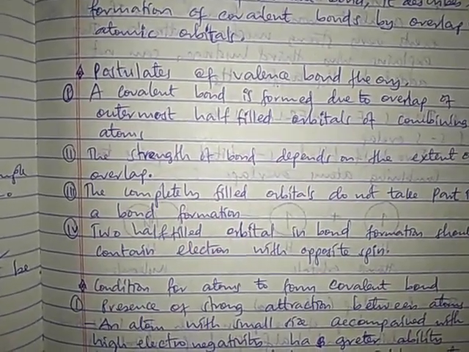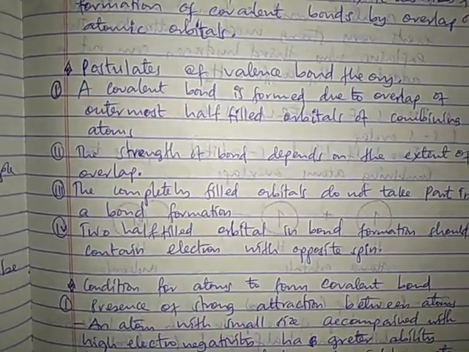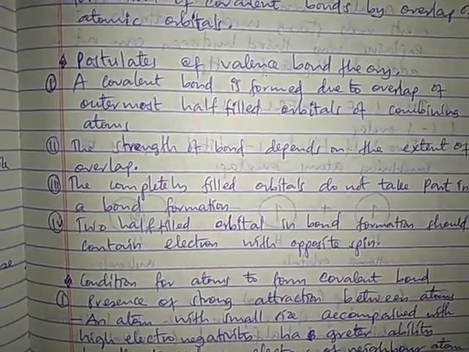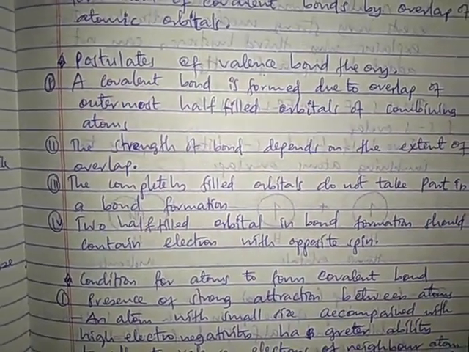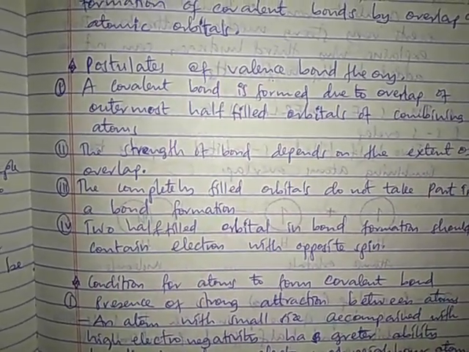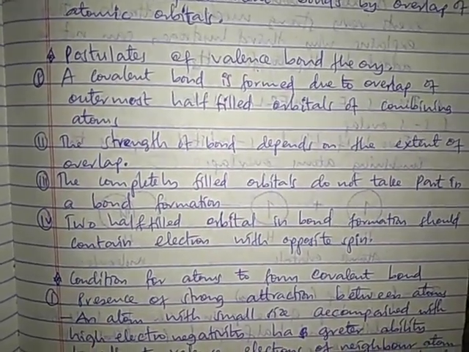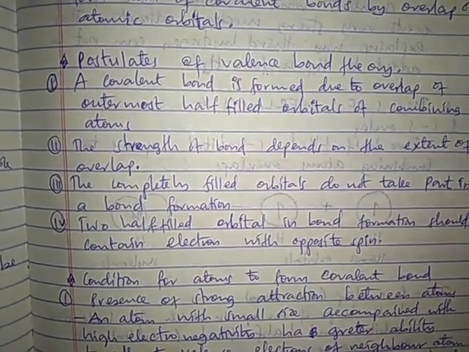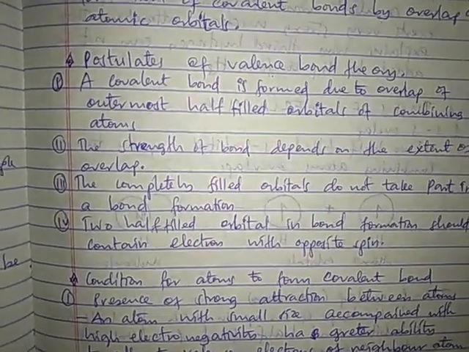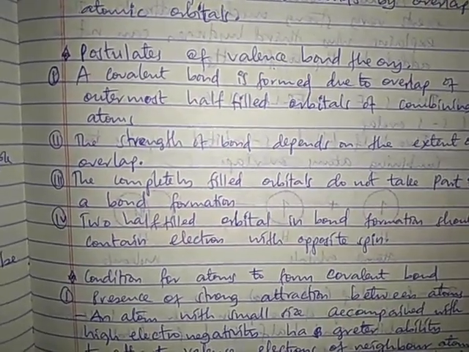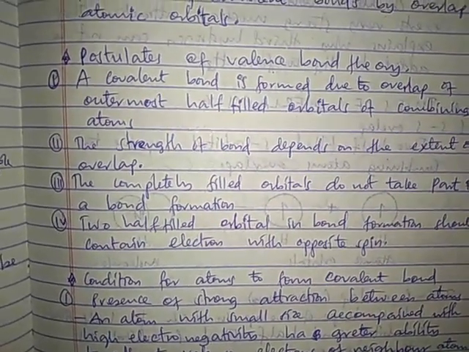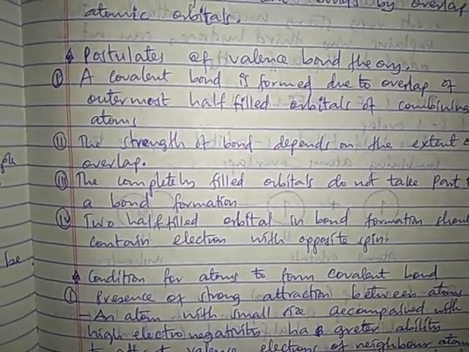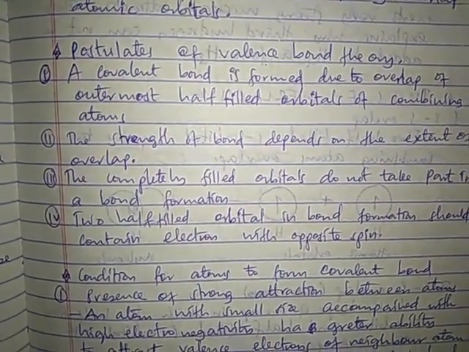If you remember our atomic structure and electronic configuration and orbitals, we say the outermost orbital, outermost shell, means the shell which is the outer one. If the outermost shell is the third, it will have S, P, then D. So the outermost orbital will be the D orbital.